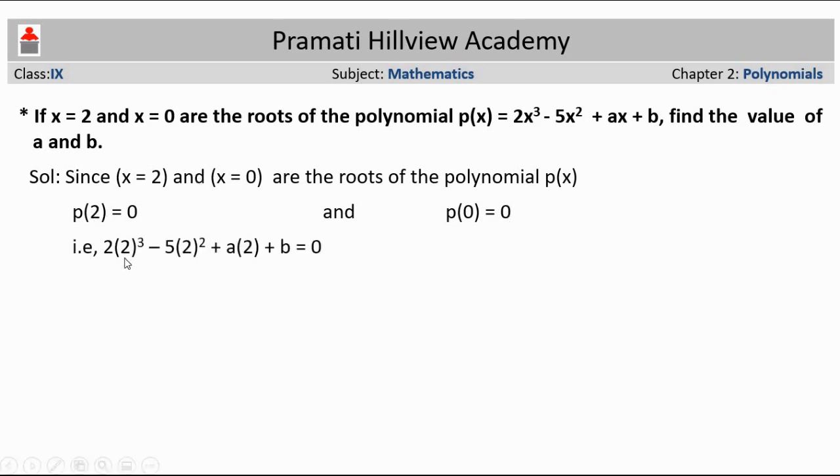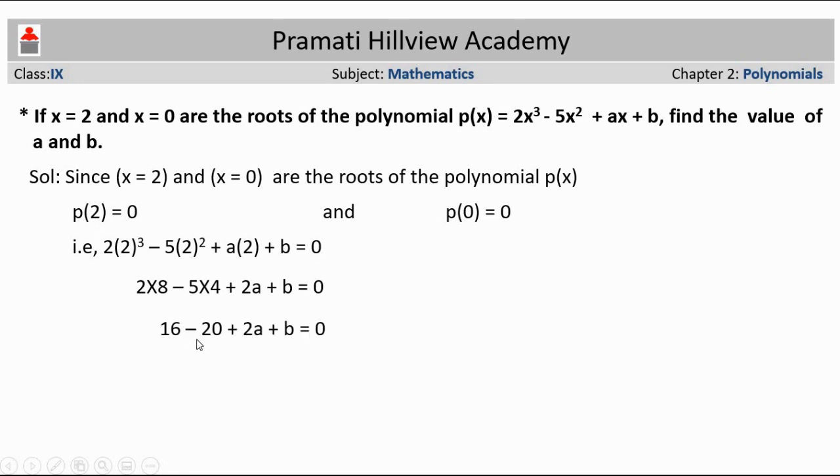Now substituting 2 in p of x for x, we get 2 into 2 cube minus 5 into 2 square plus a into 2 plus b is equal to 0. Now 2 cube is 8 and 2 square is 4. That becomes 2 into 8 minus 5 into 4 plus 2a plus b is equal to 0.